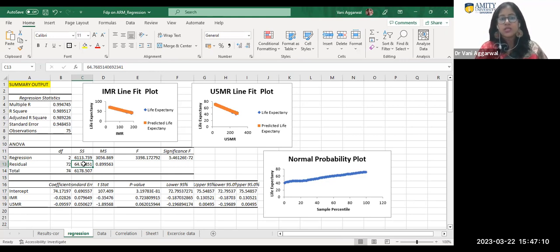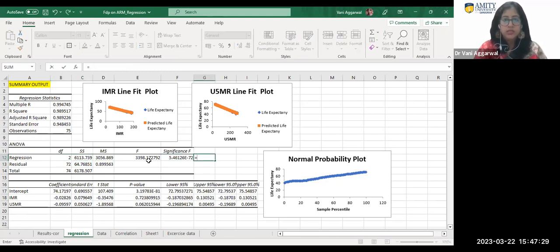Your residual sum of square should always be less than the total sum of square, right? So here it is less, which implies that your model is fitting well. Okay, mean sum of square is nothing but the sum of square divided by the degree of freedom. For example, if I do this, sum of square divided by degree of freedom.